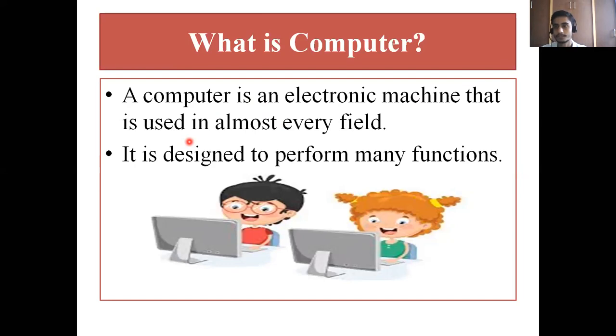When you go to hospitals, banks, schools, everywhere you will see an electronic machine, compiled together, known as the computer system. It is designed to perform many functions. A computer can perform any kind of function when we want it to. I hope you have understood what a computer is.